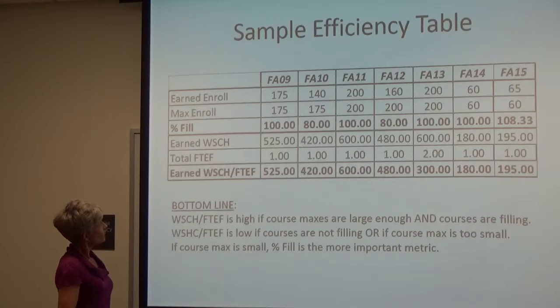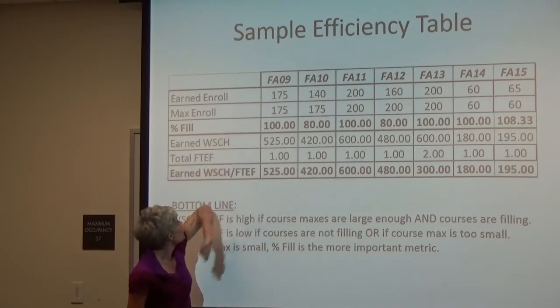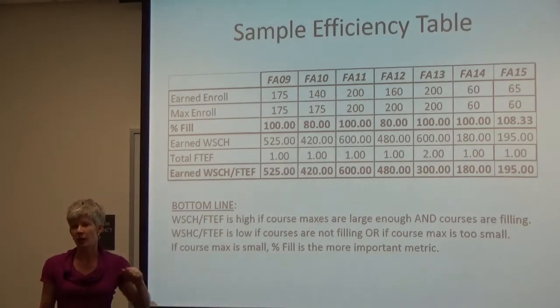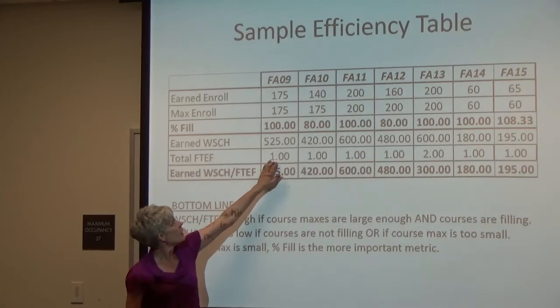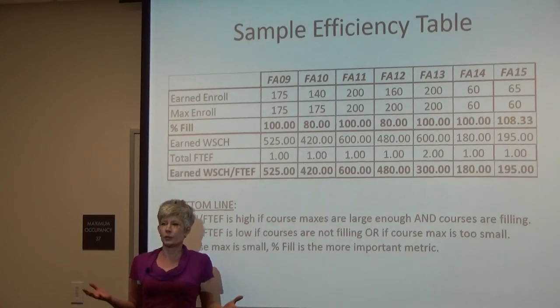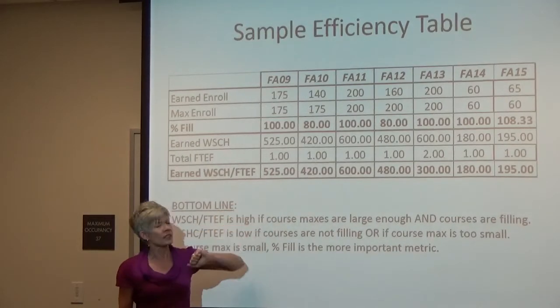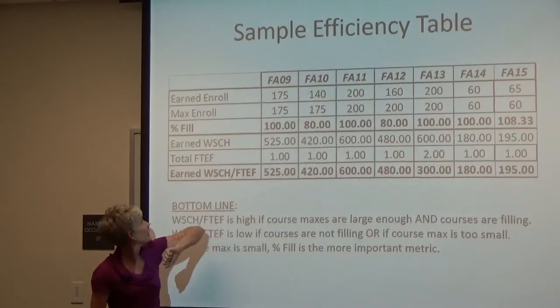All right, so if this is a typical 3-unit lecture course, mostly, that are being offered by this department, for those students, we'll end up with 525 earned wish. And if we have only 1.0 worth of instructor teaching those courses, we will have exactly 525 of our earned wish per FTEF ratio.